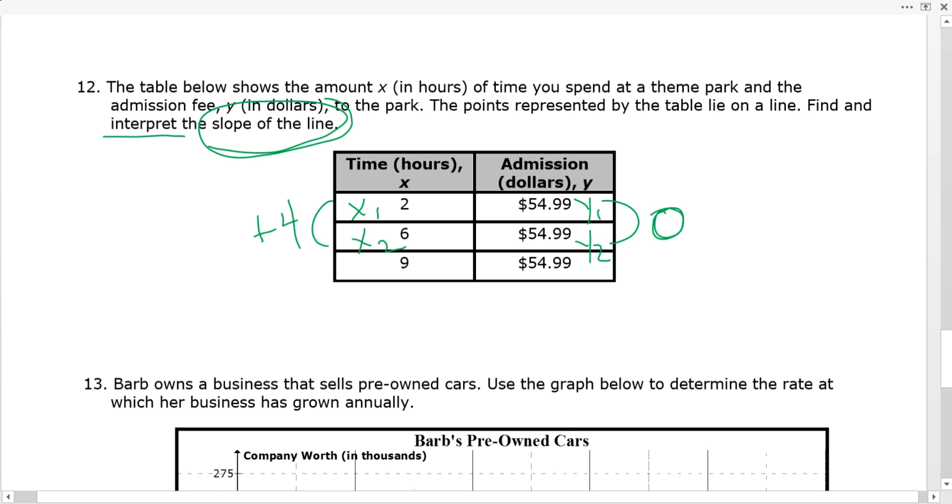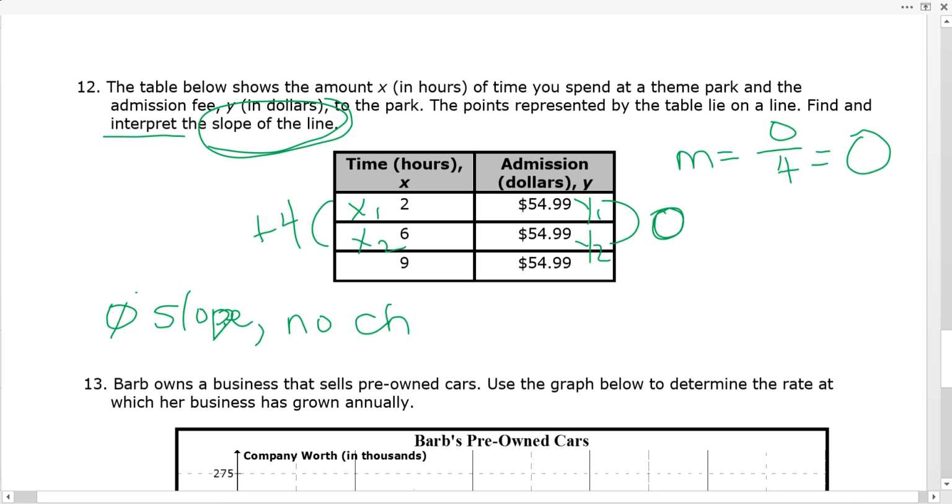And when my y is 0, that means my slope is going to be 0 over 4, which equals 0. When the slope is 0, that means 0 slope, no change in y. Think of HOY, it's horizontal.